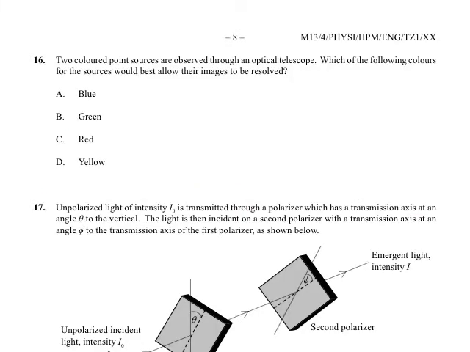So two coloured point sources are observed through an optical telescope. Which of the following colours would best allow the images to be resolved? So basically we want the Rayleigh criterion, the angle, to be as small as possible because anything above this can be resolved.